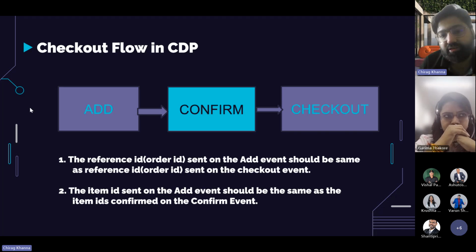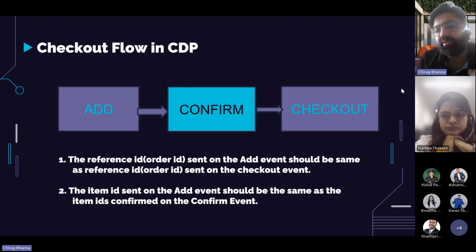These events need to be executed in order. First is add, second is confirm, and third is the checkout event to make sure the order is created. If you miss any of these steps in the journey, the order at the final stage will not be created. So we need to make sure this journey is followed.